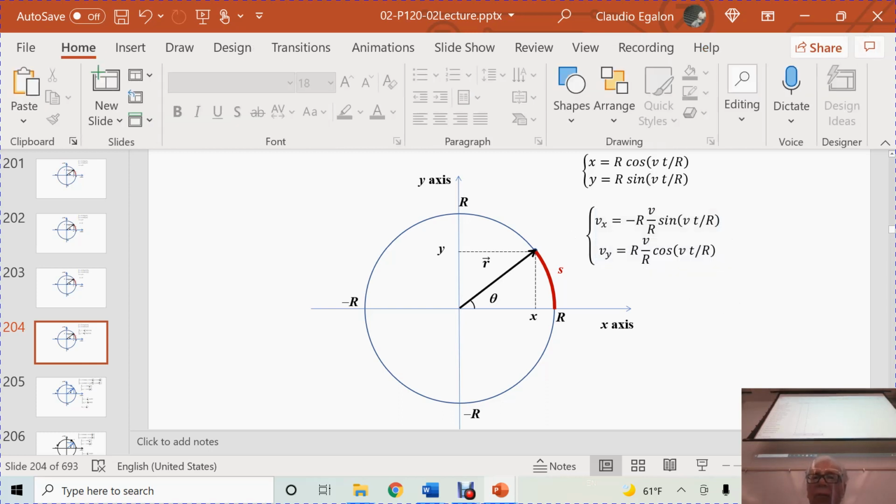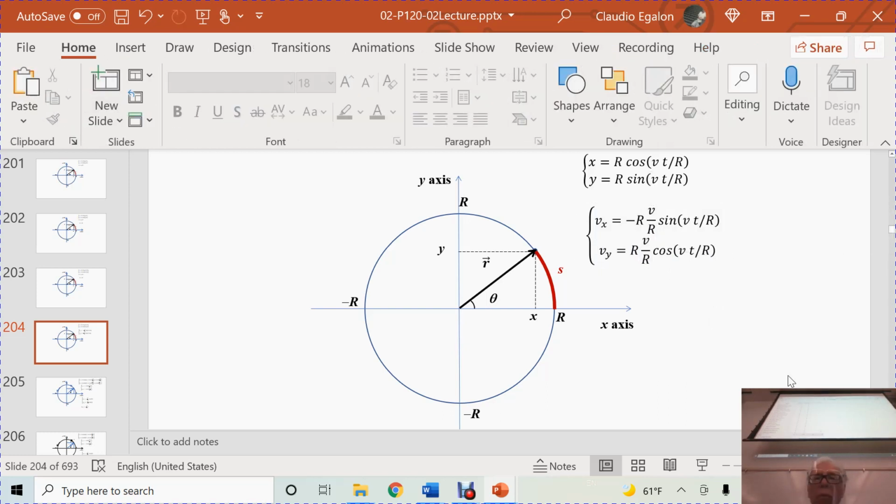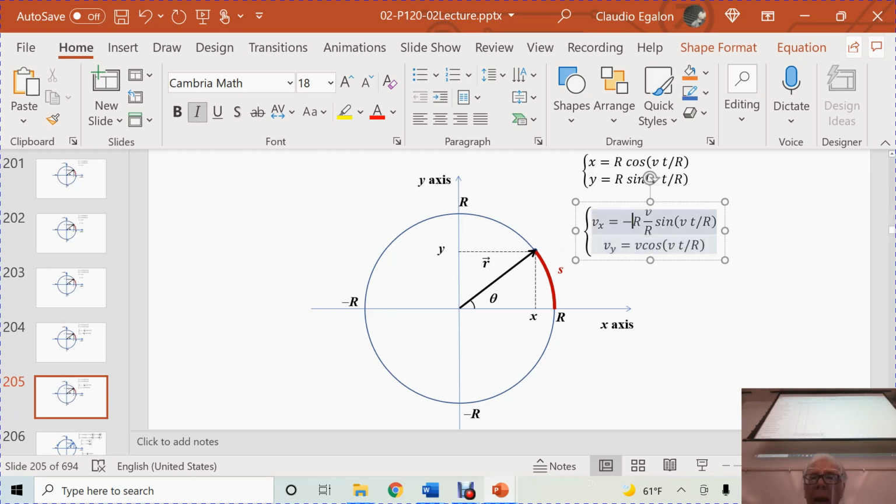But we still have v over r. And I'm going to go to the next slide and simplify here. Here we go. v and v.